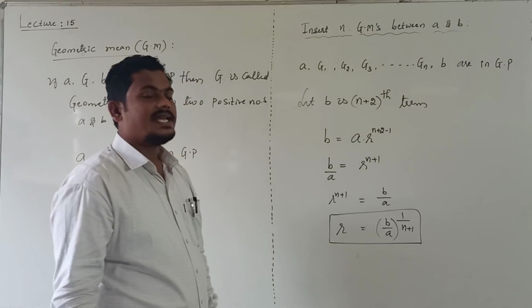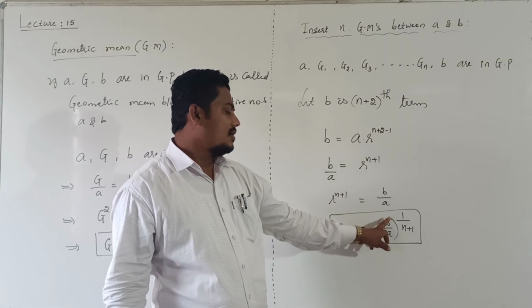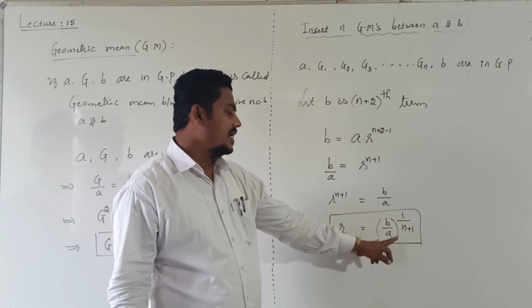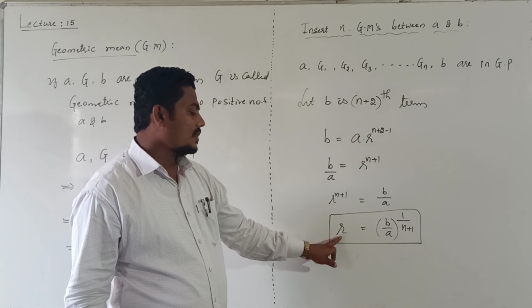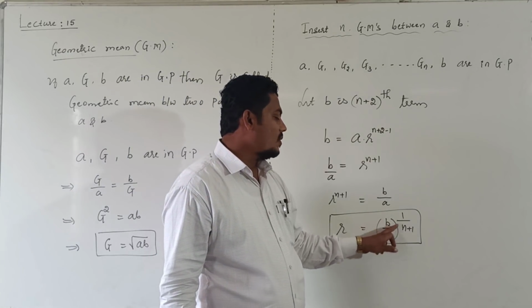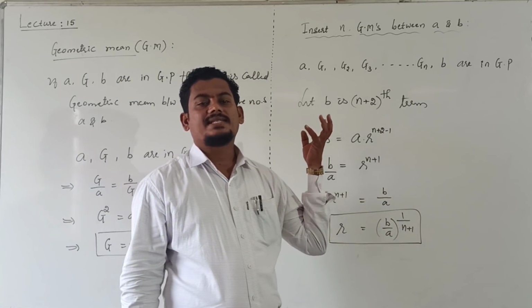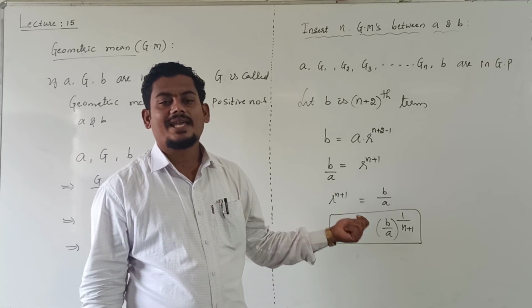If you are inserting n numbers, then the common ratio formula is r equal to b by a whole thing power 1 divided by n plus 1. If you are inserting 3 numbers, then take n value 3.